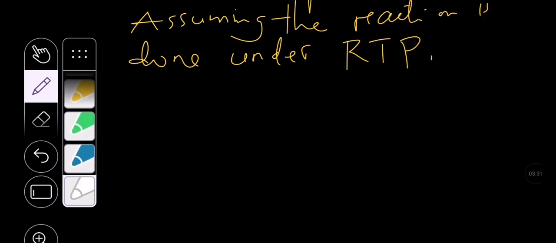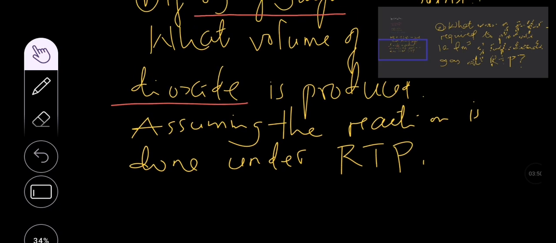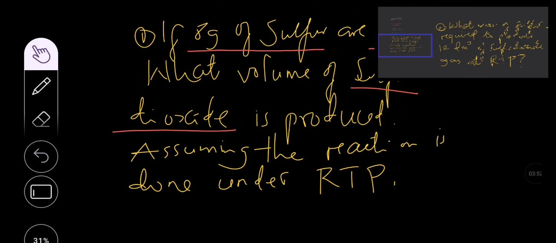All right, so remember, when we are given these kinds of questions, the first thing to do is to come up with the correct chemical equation. Already we do have the word equation here. Sulfur is burnt in oxygen.